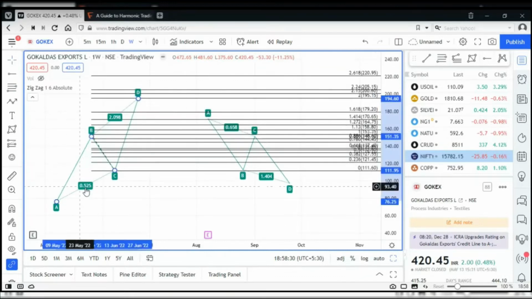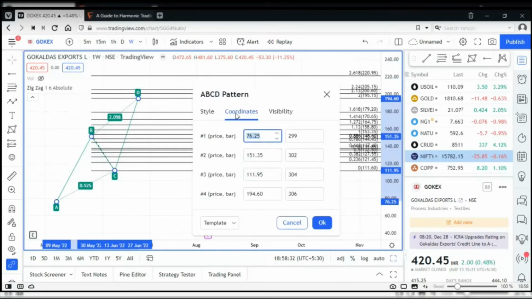So we're just going to click here, settings, coordinates, 195.15. If we draw on the chart, it will come exactly at the 2 value.